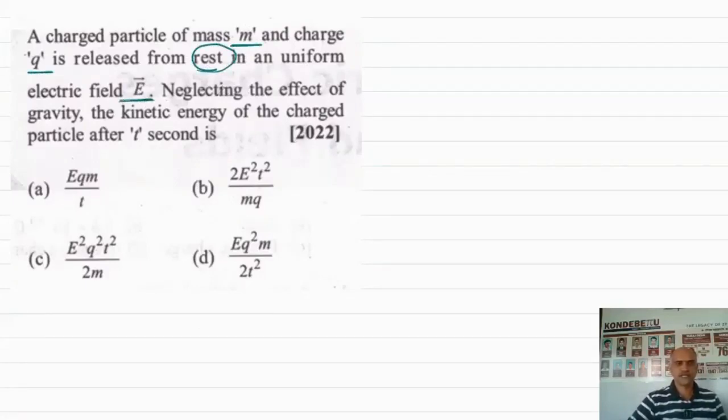Next, a particle of mass m, charge q is released from rest in a uniform electric field E. Neglecting the effect of gravity, you are required to find the kinetic energy after time t seconds. Kinetic energy is given by half mv square. So first you are required to find V. If I take the motion in a straight line formula, V is equal to U plus AT.